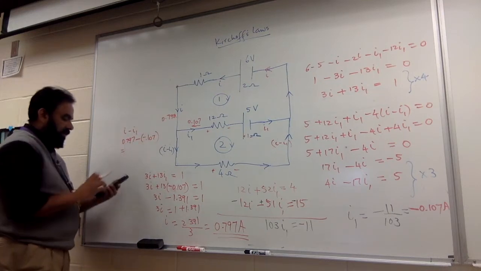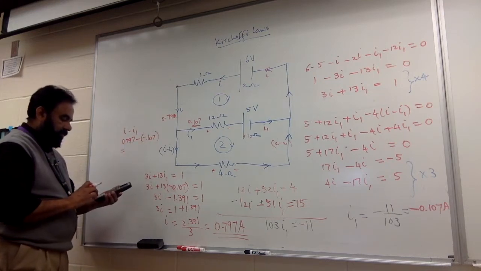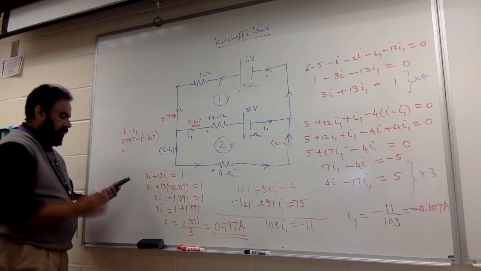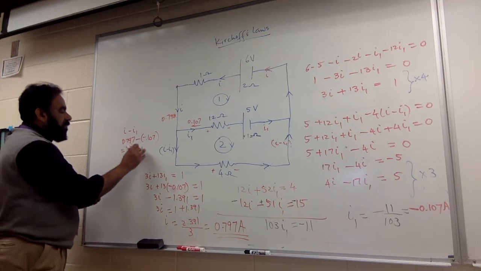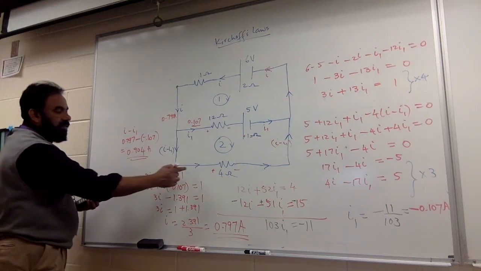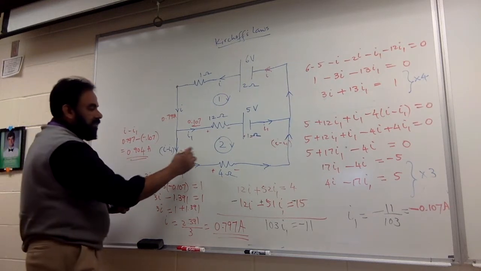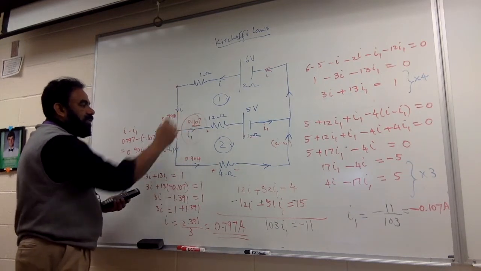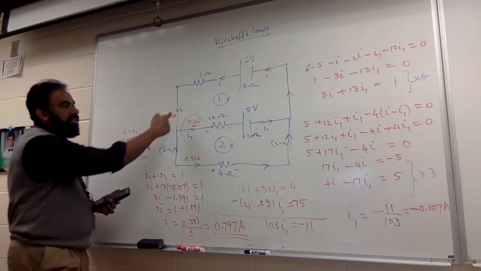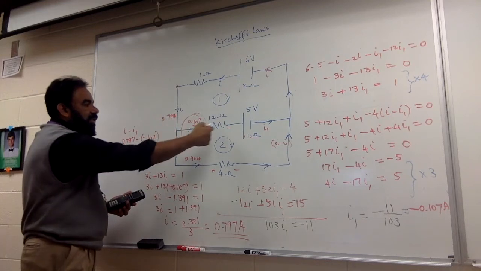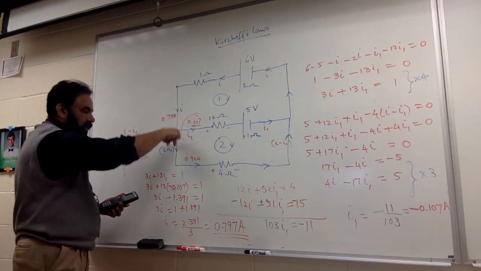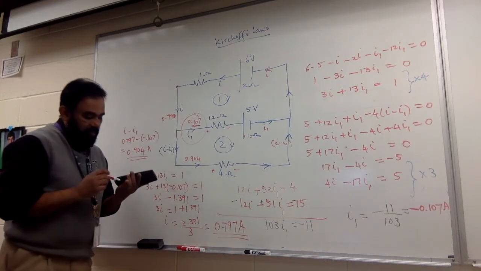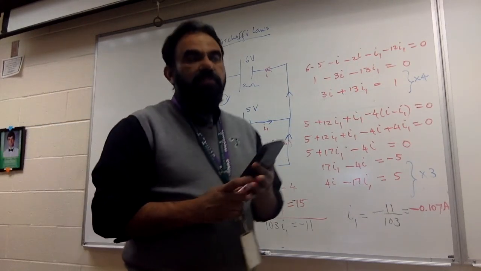So that is going to be 0.904. So the current here is positive, which means it's correct: 0.904 in that same direction. Only here we have to switch the direction. So it makes sense here: 0.797 coming here, 0.107 coming here. Together it is going to be this. So that is exactly how we solve Kirchhoff's laws problems.